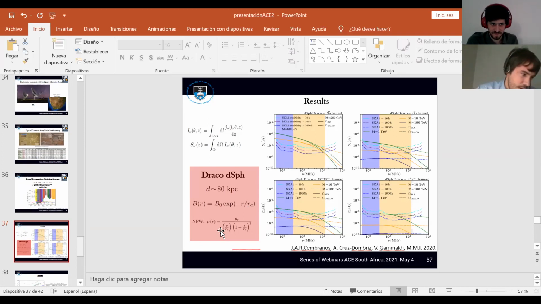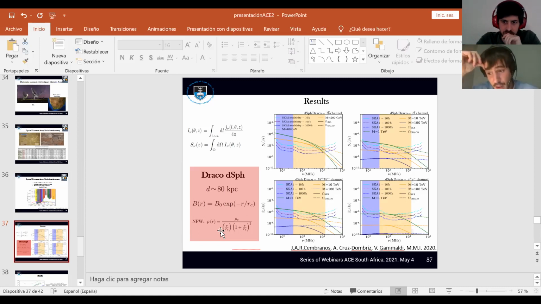Depending on how dark matter is in the galactic halos, we will receive more or less signal. One of the things we have to see is whether dark matter forms spikes in its density profile. If you have a spike in the density of dark matter in the galaxy, there is a boost in the signal you receive, because the probability of annihilation is greater in that spike.